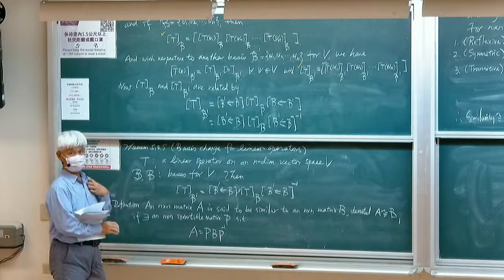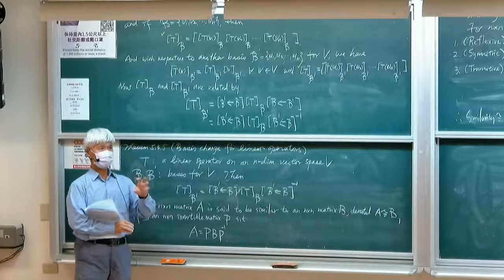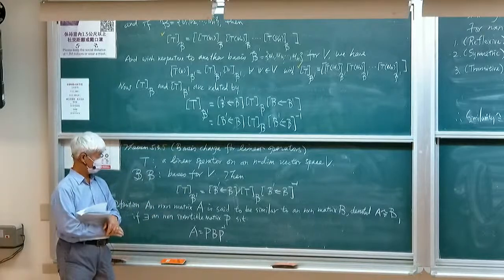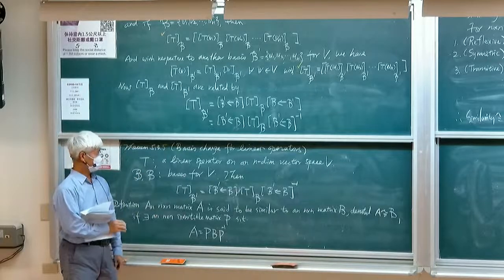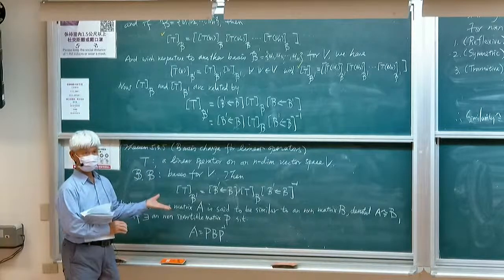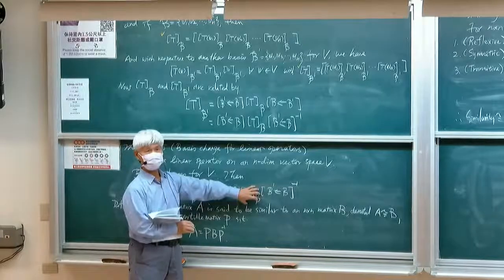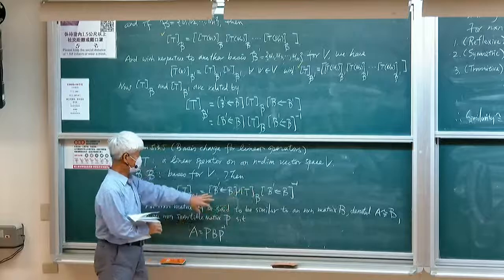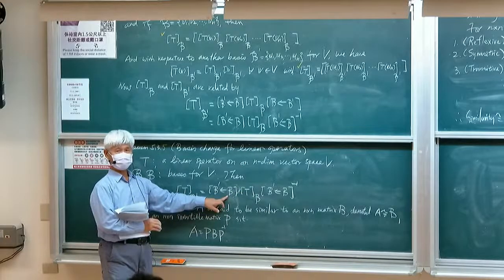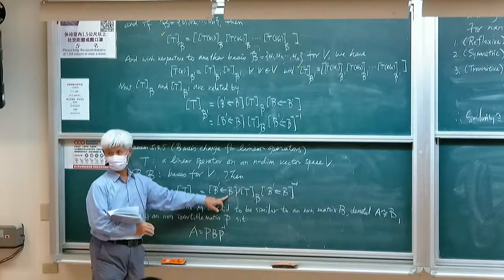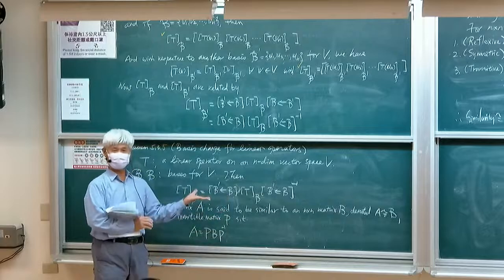Now we may have a question: if two matrices are similar, can we create a linear transformation such that A is here and B is there, and P serves as the coordinate change? A kind of reverse concept, right?